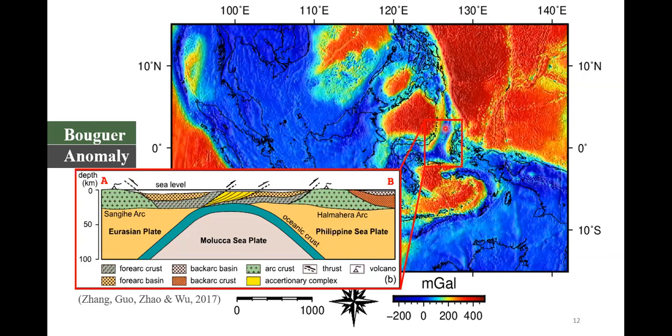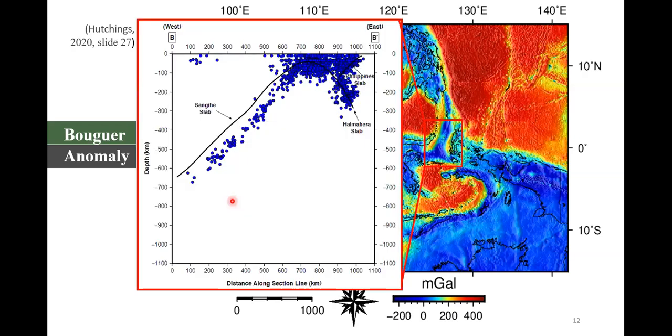However, the collision between both of these arcs, the Sangihe arc and the Halmahera arc, because of the double subduction of the Molucca Sea plate beneath both of them, has created the thickening of the sediment layer above it, thus creating a negative simple Bouguer anomaly. This double subduction is supported by seismic data, as you might have seen in previous lectures.